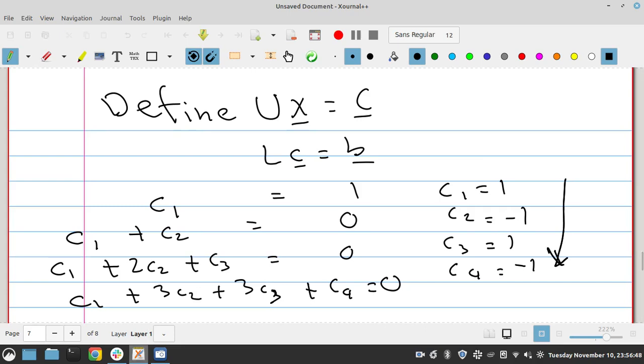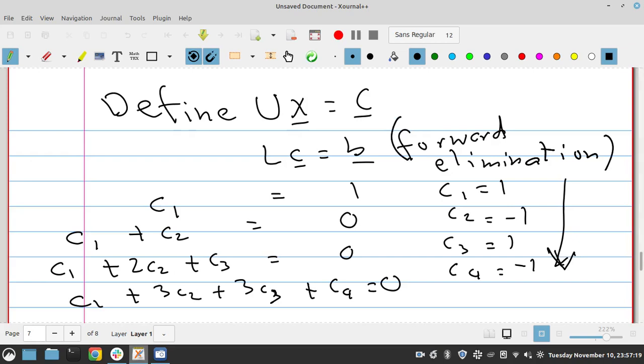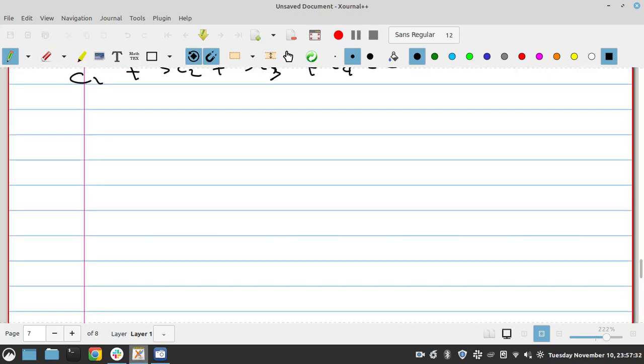Now I need to solve Ux equals C. What we're doing here is known as forward elimination, meaning the solution of LC equals V. Now, when we go bottom up, that's called backward elimination.